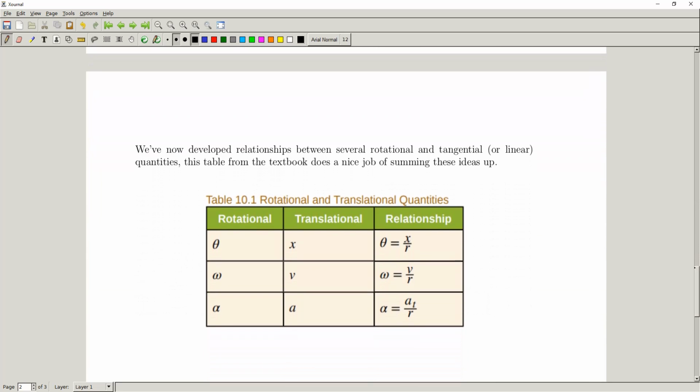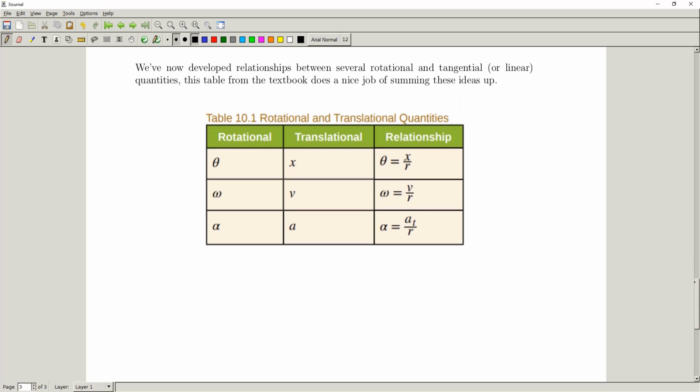I've taken this table from the textbook here, and what we've really done now is develop three connections from these ideas in linear calculations to these ideas in rotational calculations. This nicely sums it up, so I thought I'd put the table in here.